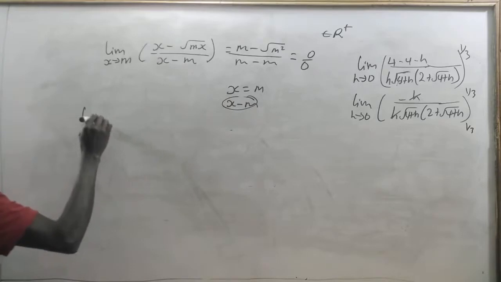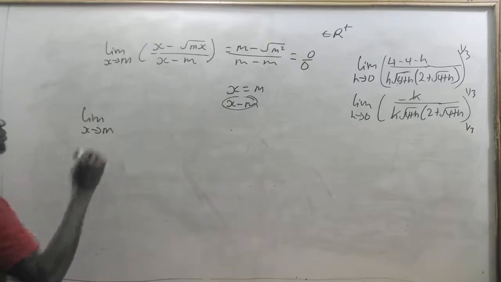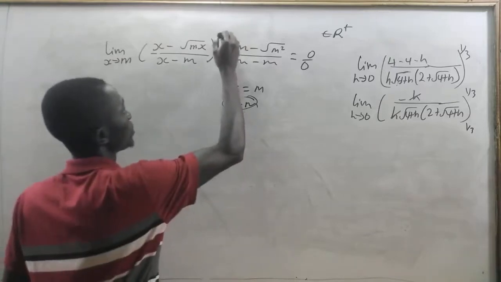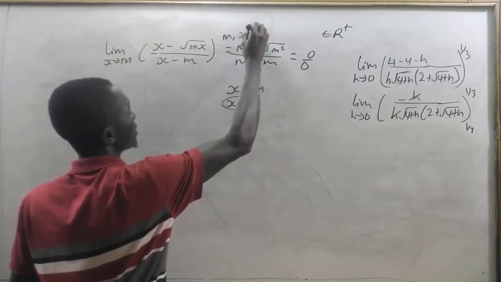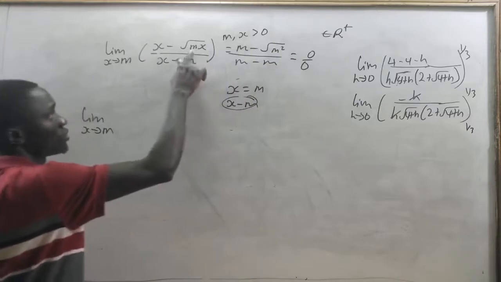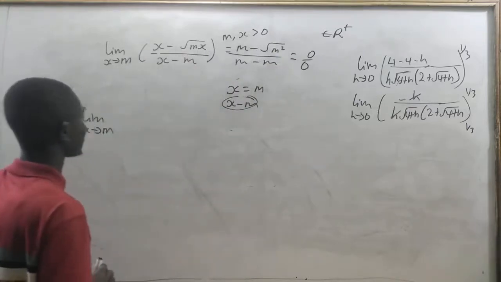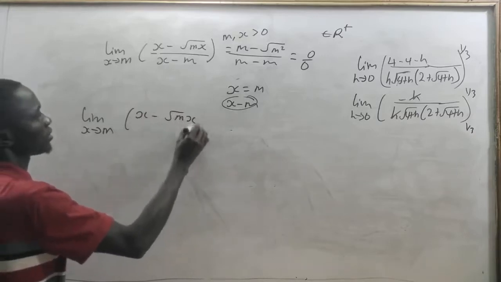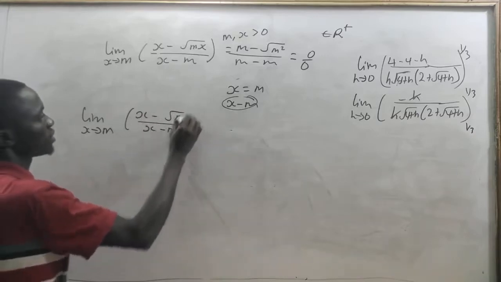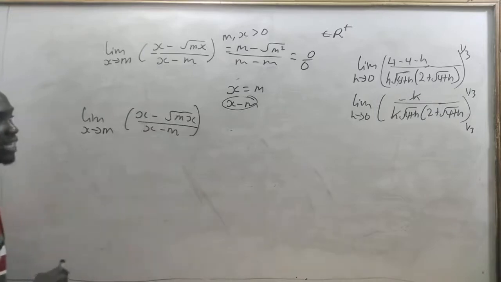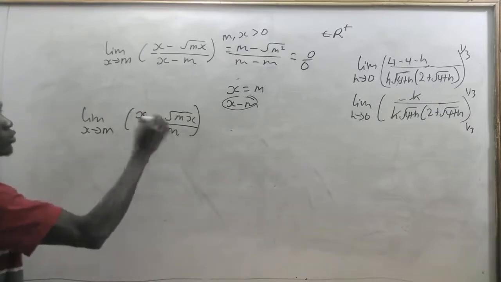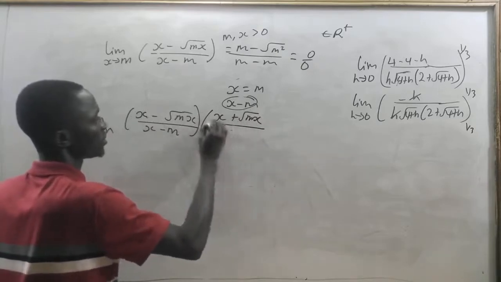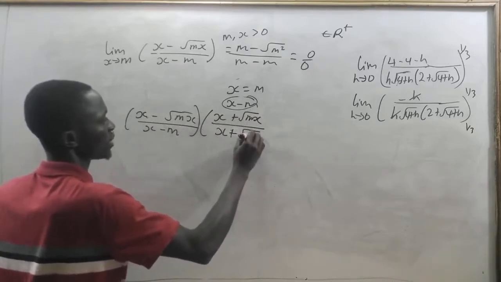So here we take the limit as x approaches m. And here we are saying that m and x are greater than 0. If they are not greater than 0, this will give us a complex number. So we take x minus the square root of mx divided by x minus m, and the conjugate of x minus the square root of mx is x plus the square root of mx.